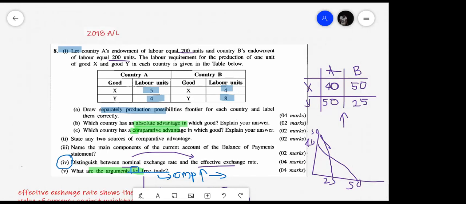Let me copy and paste the 2019 question. So this is where the new syllabus started, in 2019. But the questions you get did not change. Okay, the 2019 paper.